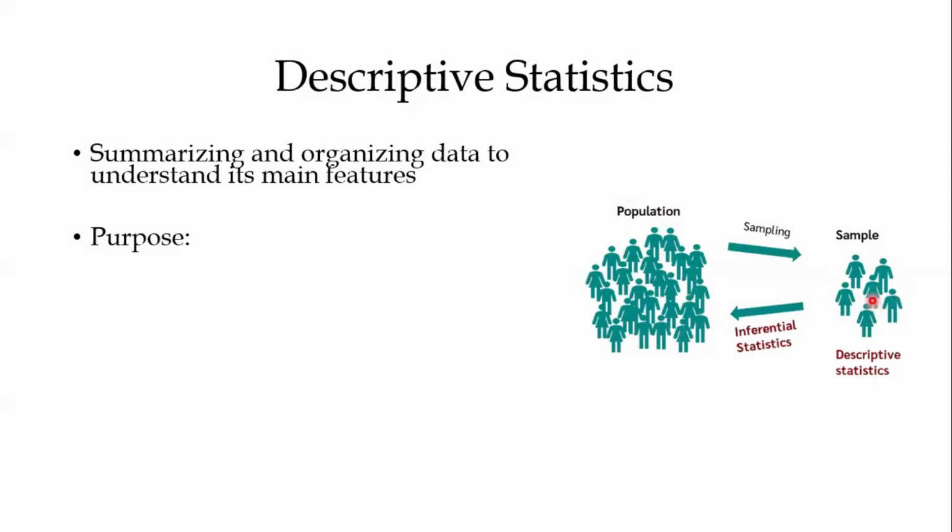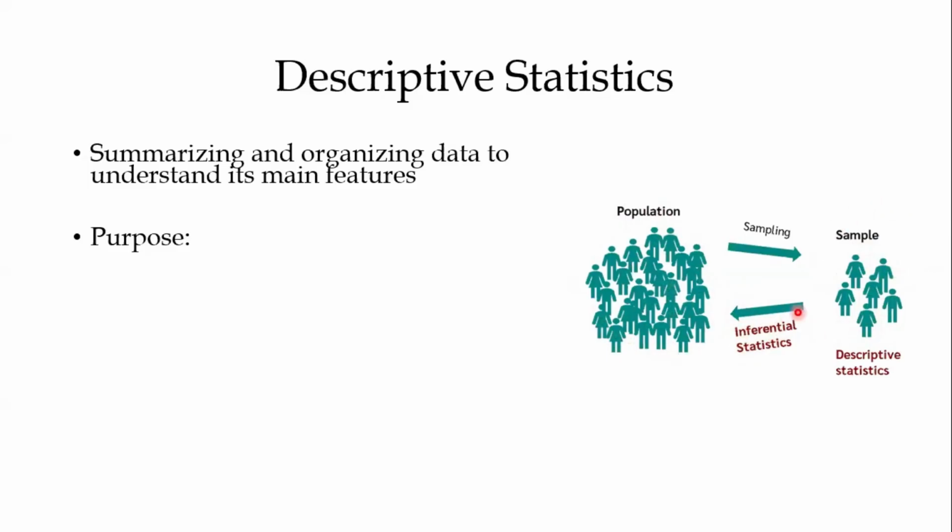If you are to look at what you're seeing in the sample, would it be the same as in the general population? For example, if you are to compare males versus females with regards to smoking status in the sample, how then would it be in the general population? This is what we refer to as inferential statistics.